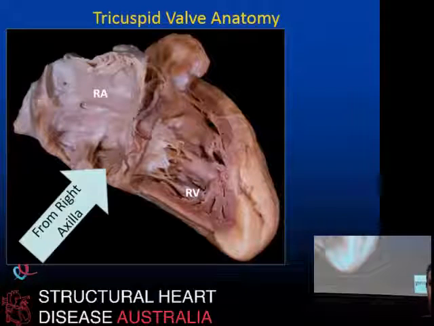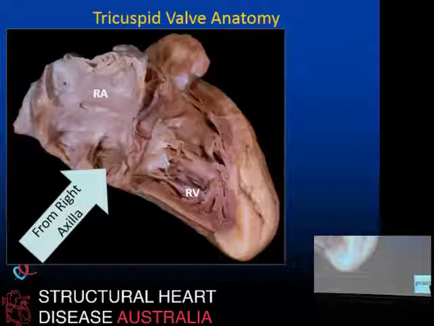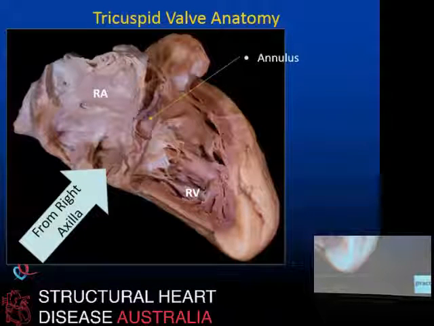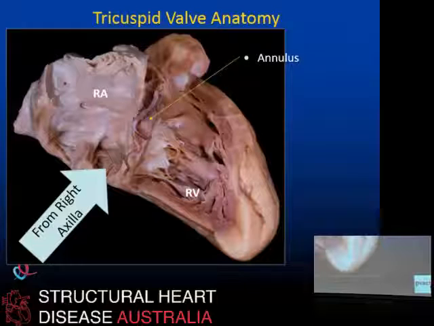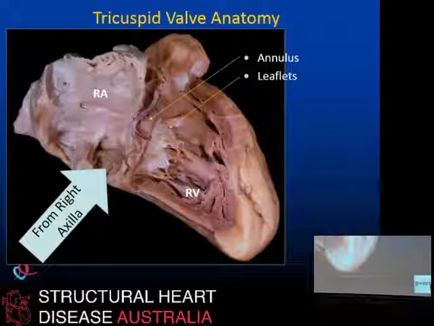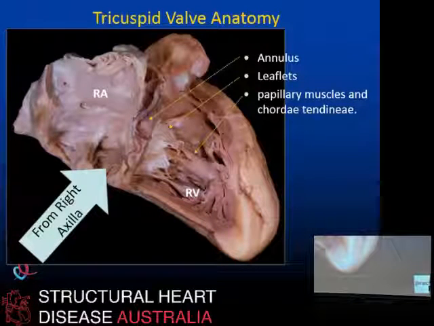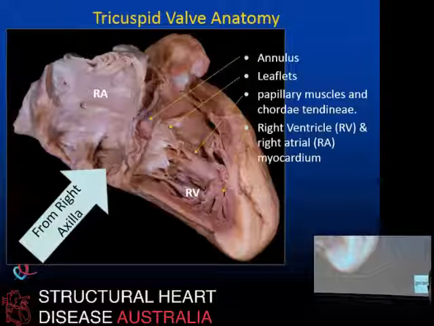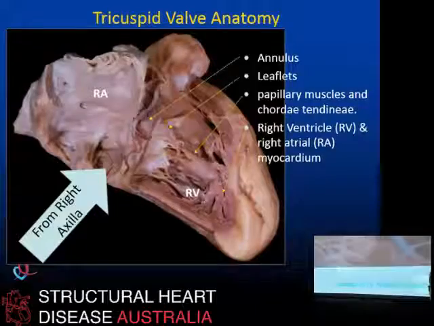This specimen looks at the tricuspid valve as if sitting in the right axilla. As I said, this is a complex structure that consists of a membranous fibrous annulus, three leaflets, a number of papillary muscles and chordae tendineae, and also right ventricular and right atrial myocardium.